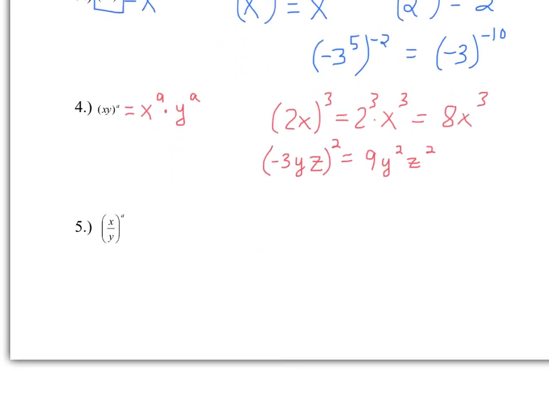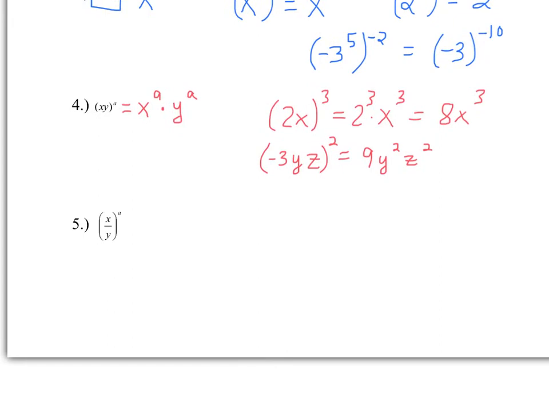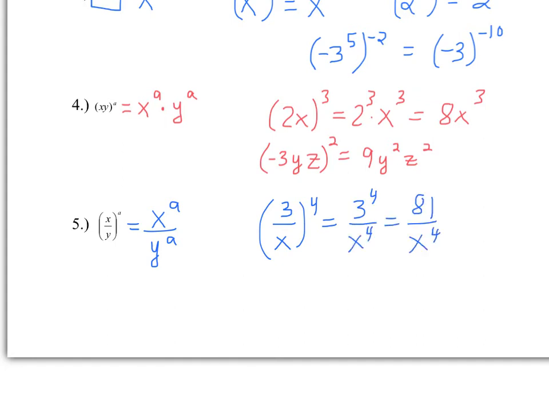Next, we also saw this when we did the binomial theorem. If you have a fraction raised to a power, you would just distribute that power to each part, both the numerator and the denominator. So talking about things like maybe 3 over x raised to the 4th. Well, this would be 3 to the 4th over x to the 4th, which is 81 over x to the 4th.